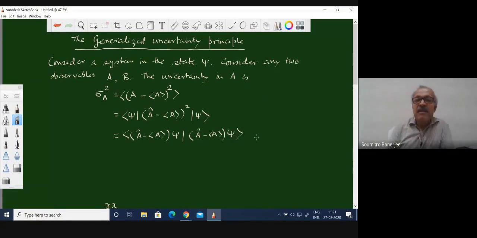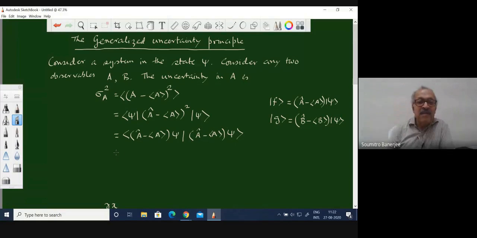And now to simplify and shorten the notation, this whole thing I call F. F is nothing but A minus the expectation value of A operating on psi, and your G, I'll say, is a similar thing for B, operating on psi.